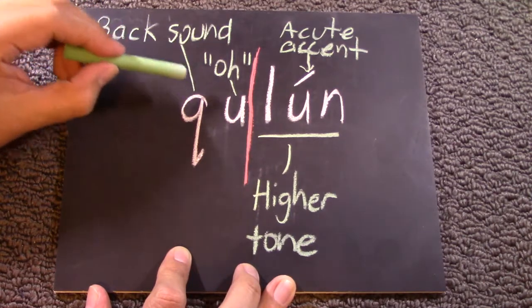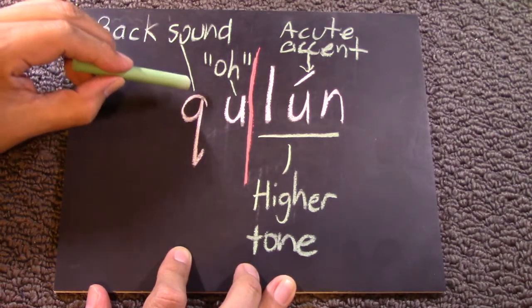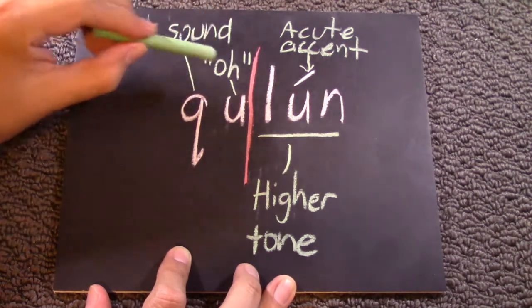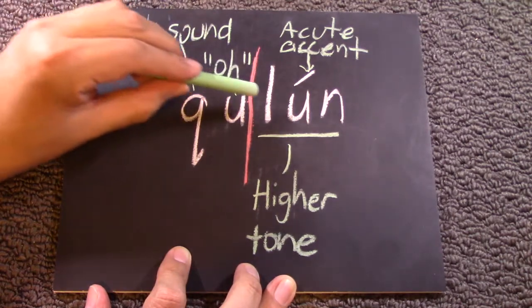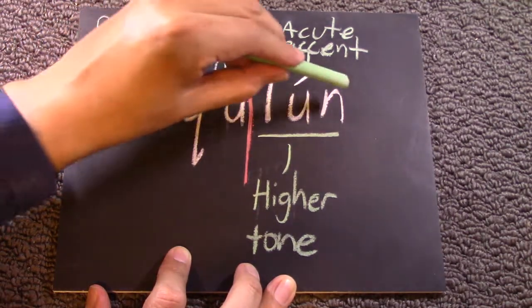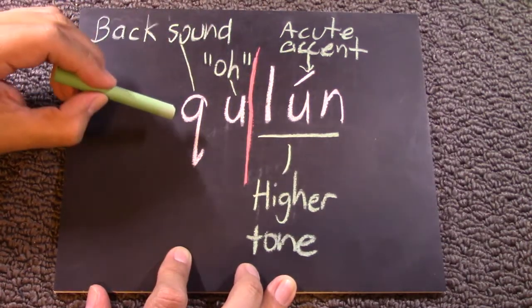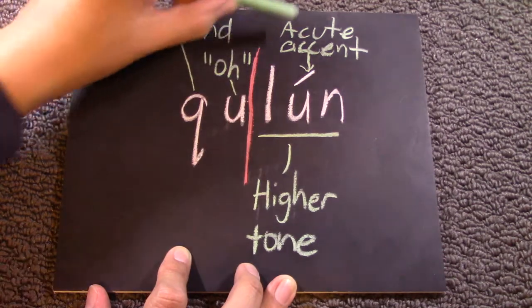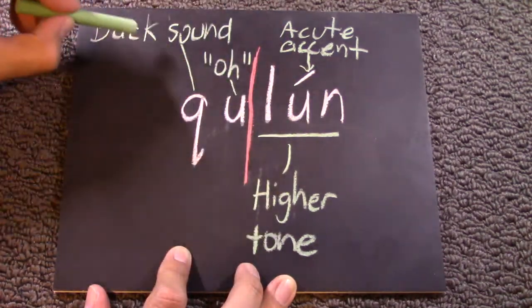So when we pronounce this word, we say the first syllable with less emphasis than the second one. So the second syllable is going to be a higher tone. So we say qulun, qulun. So that's what the accent tells us, to say this last syllable with more emphasis than the first one.